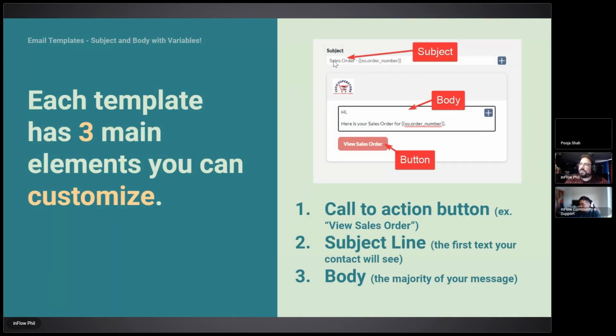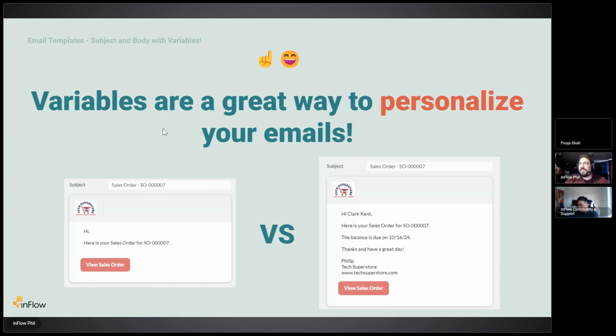So you've got the subject, which is your subject line. So that's the first thing that people are going to see on your email when it comes through to them. You've got the body, which is the actual text of the email itself. And then as Justin was showing you, you've got the call to action button. So this is the button they can click on, and it'll actually open that document that you've emailed them.